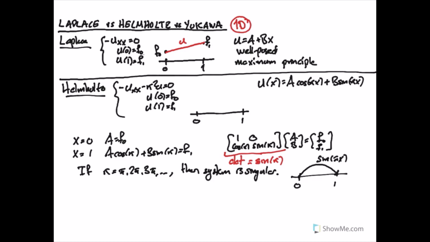The problem happens precisely if kappa squared is an eigenvalue of the differential operator. So let's make this point: if kappa squared is an eigenvalue of minus d squared dx squared, then you get singularity, and you get ill-posedness.